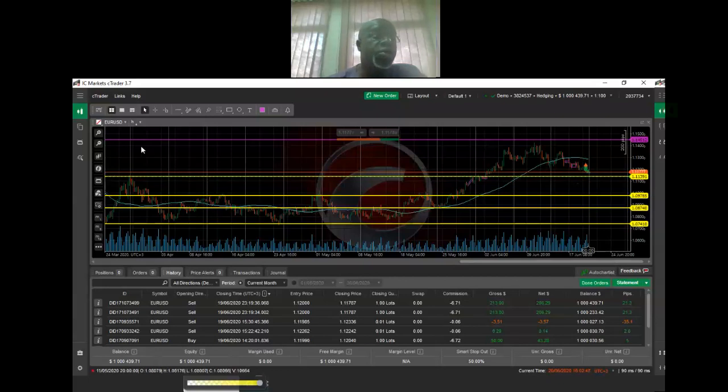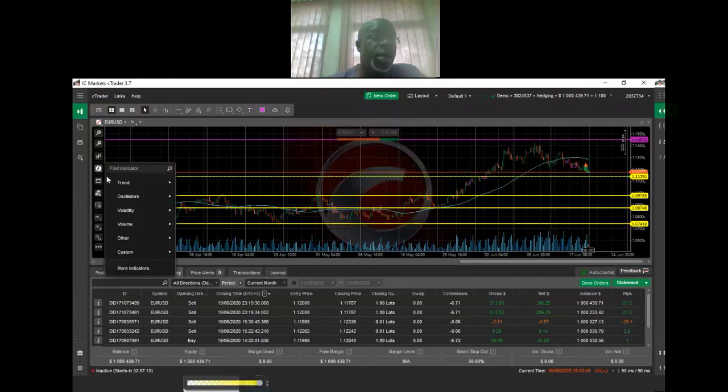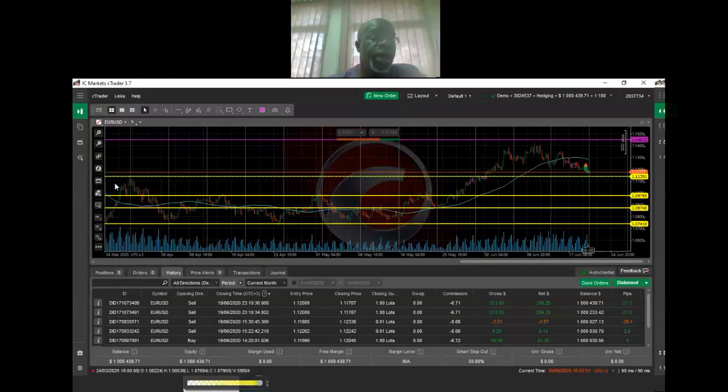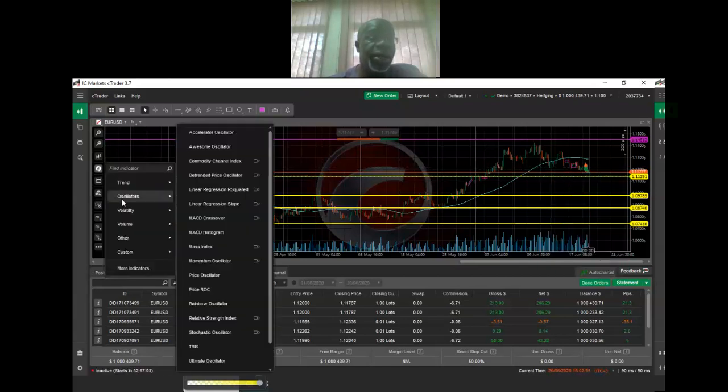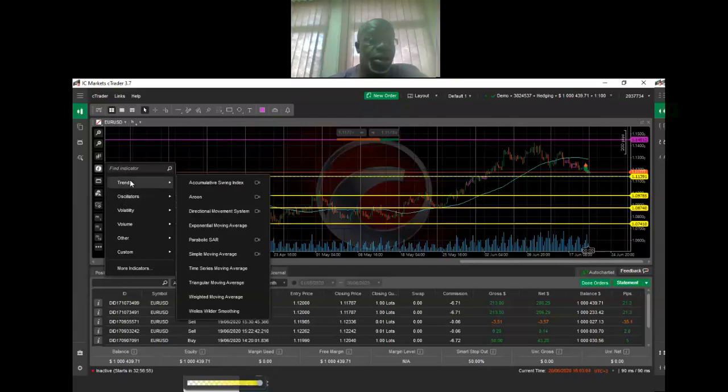How do you add it? You go to this F, okay, so it is an oscillator. It actually comes as a trend for this platform, and then you click on this simple moving average.